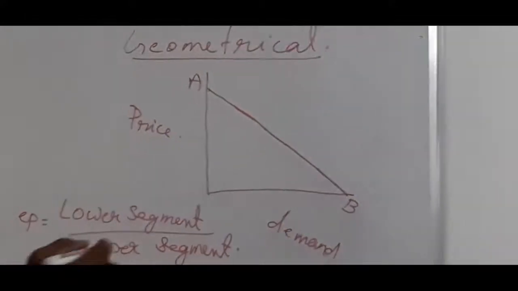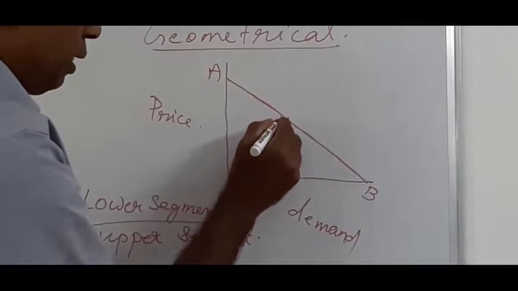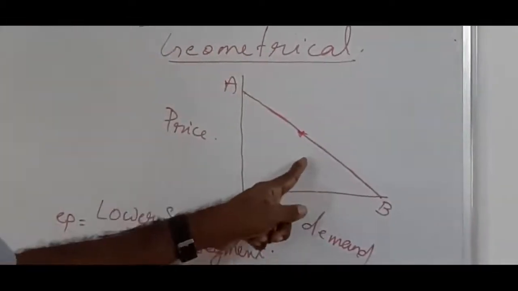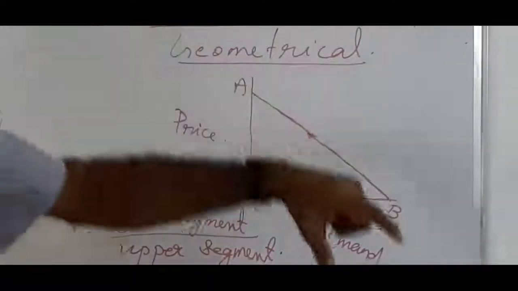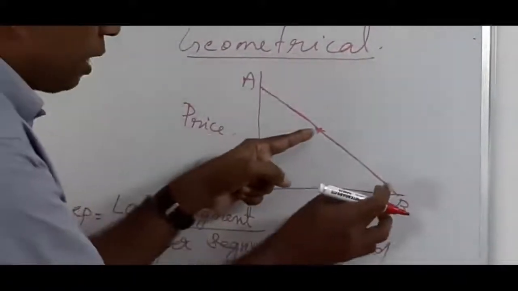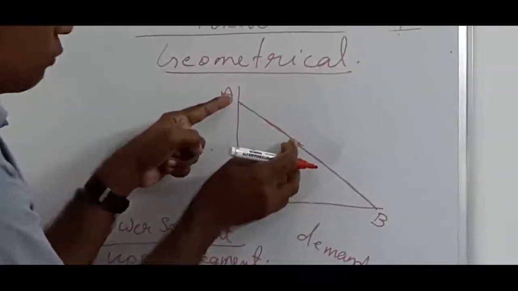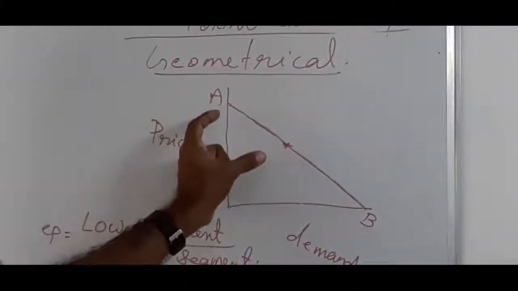Suppose I want to calculate elasticity at the midpoint of the demand curve. When I select a point on the demand curve, I divide the demand curve into two parts. This part of the demand curve is called the lower segment, and the upper portion of the demand curve above the point is called the upper segment.